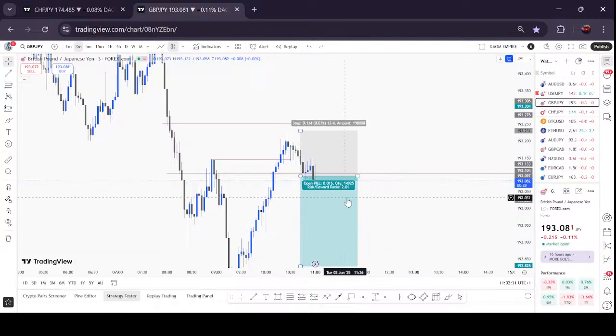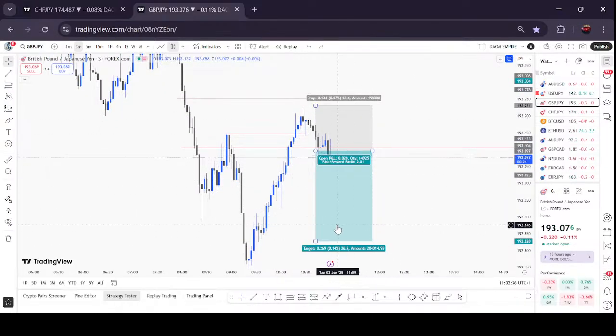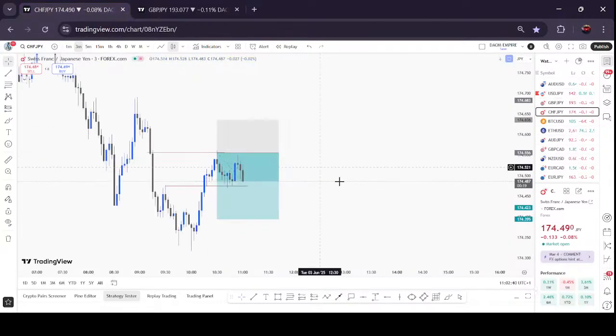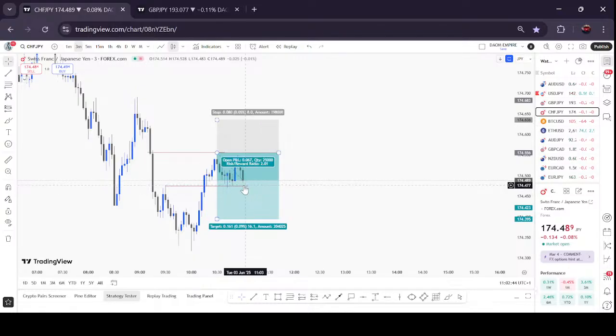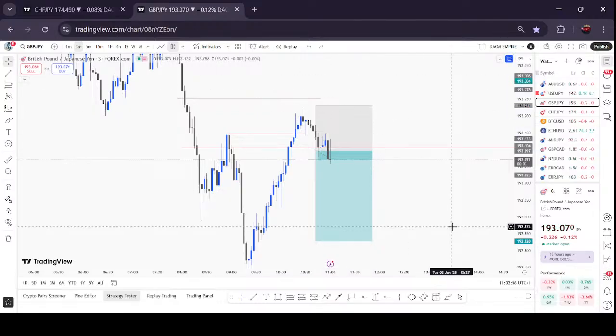I don't want to say you should add more position yet, because the way GBPJPY is looking is tricky. So we can just have one position till we hit our TP. But once this guy closes below this line that you see me draw here, you should be very, very confident that price is going to get to your TP. Any question, ladies and gentlemen?